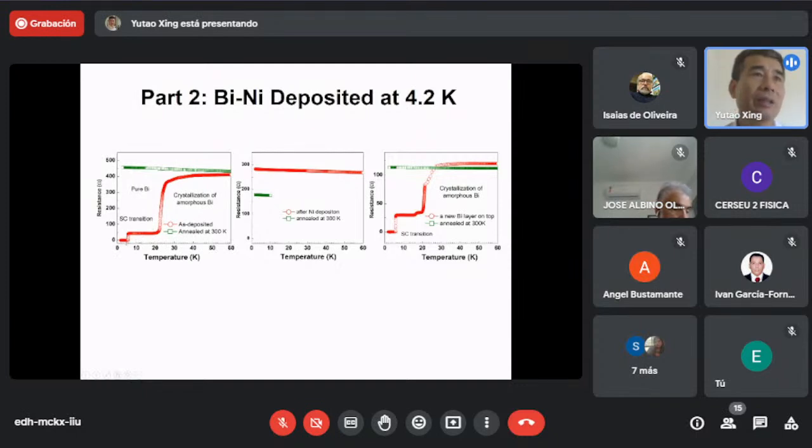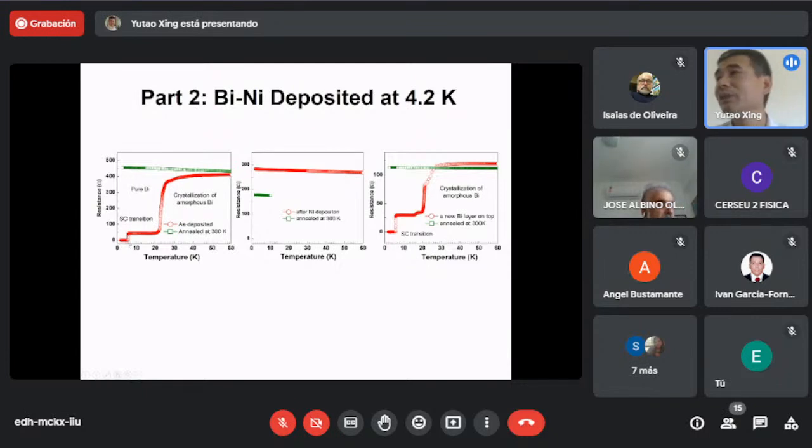So here we can see at more or less 5 Kelvin, there is a transition from zero resistance to more or less 500 ohm. And then with increasing temperature, we see another transition until 60 Kelvin.